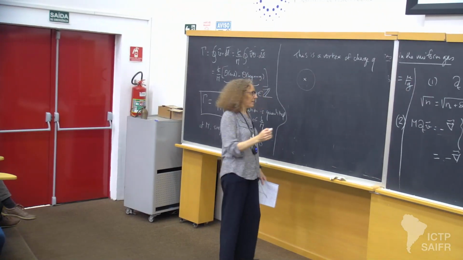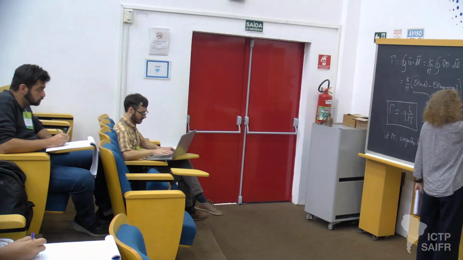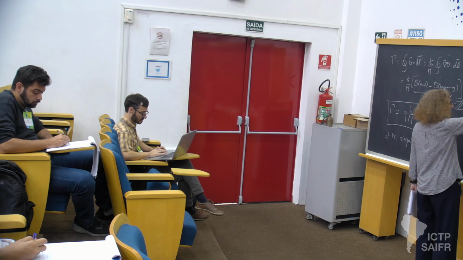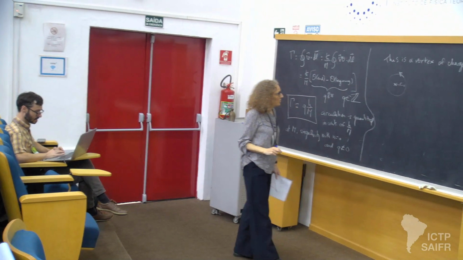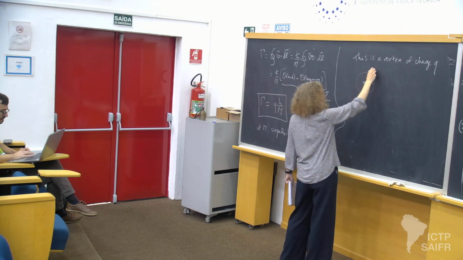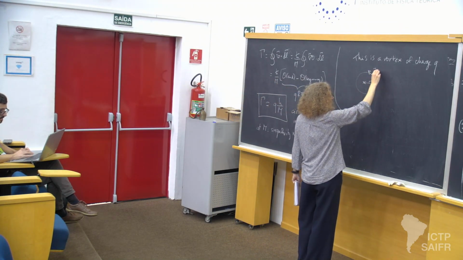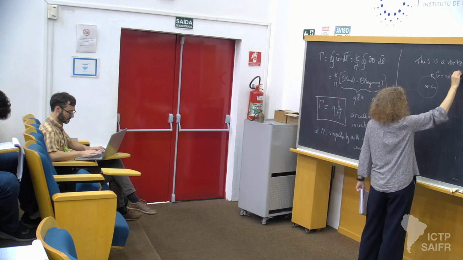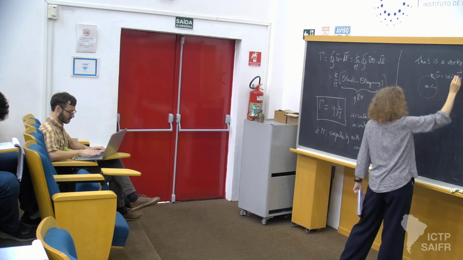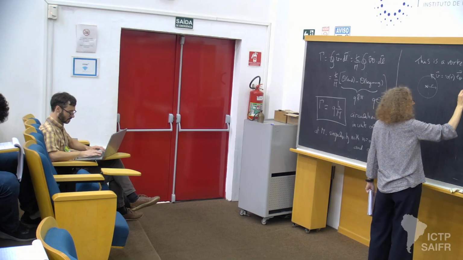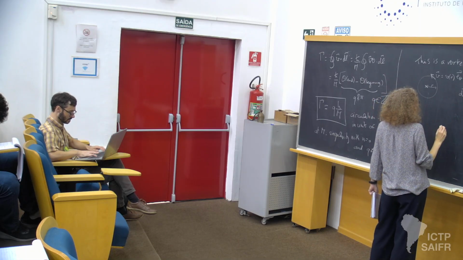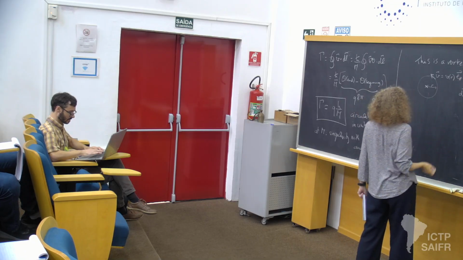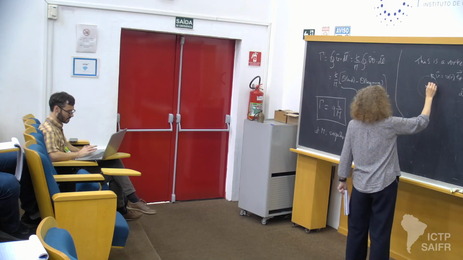So if I take a circle of radius r, and I imagine the velocity is always the same, it is parallel, it is tangent to this circle, and it is just some value that may depend on r times e theta. And so when I take the integral, my dl is just, okay, let me call it e phi, otherwise I will have some problem. So this angle here I call phi.